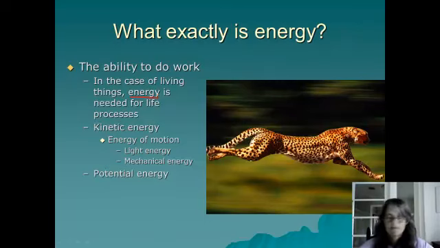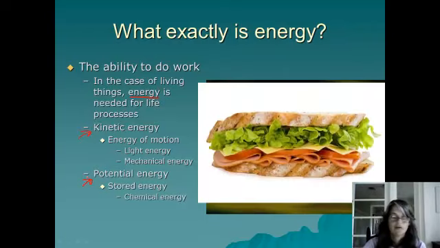The other major type of energy, so kinetic and potential energy, which is energy that is stored and is not being used but may be used later on. For example, there is a lot of stored energy in this food right here. In this sandwich, there's energy stored in the bread, in the plant material, the lettuce, the meat, all kinds of energy stored in the form of chemical bonds that are in the chemical compounds making up this food.